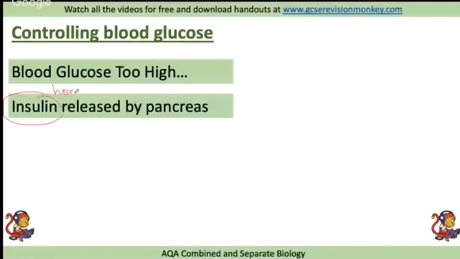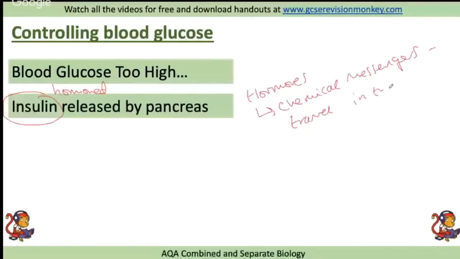It's released by the pancreas into the blood. All hormones are chemical messages or chemical messengers. They're carrying the message. So chemical messengers that travel in the blood. So they're dissolved in the blood plasma, and that's how they travel around.